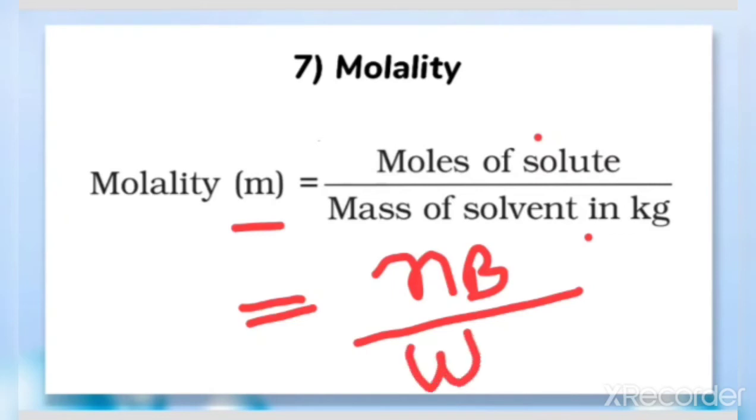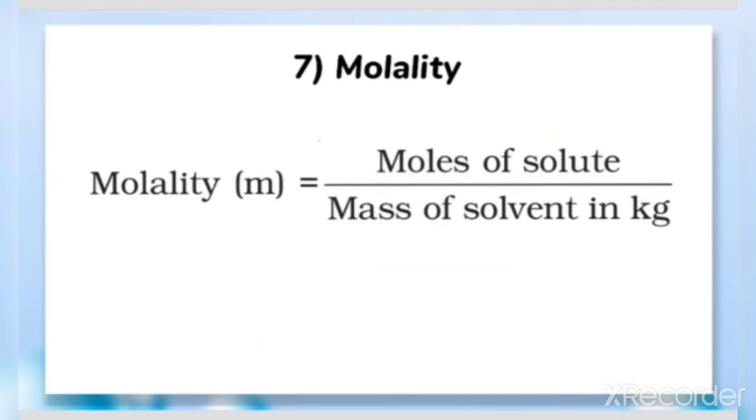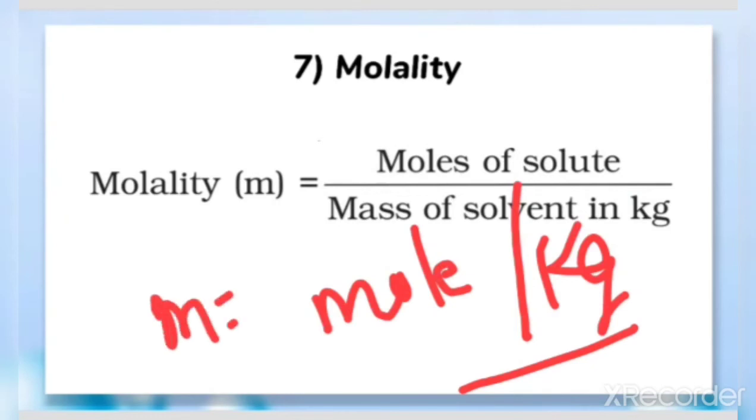We represent the mass as mw, the mass of solvent, and the solvent is represented by letter A, in 1 kg. If the mass of the solvent is in grams, we have to multiply by 1000. The unit of molality is mole per kg, and we represent the molality in small m.